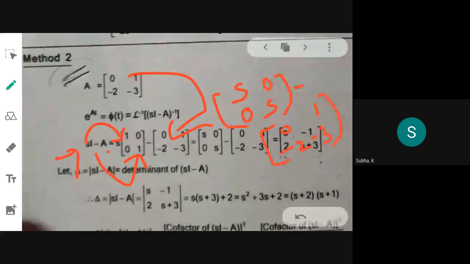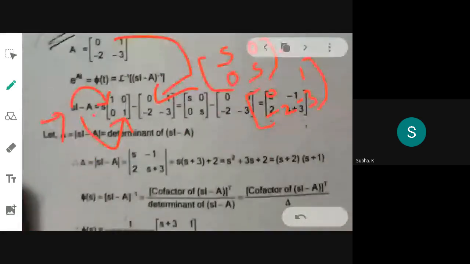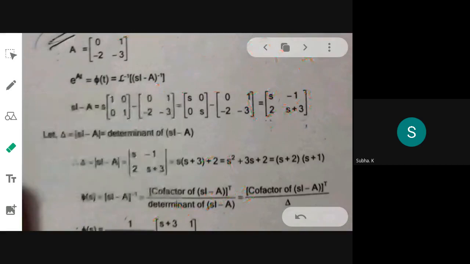You will get S, 0 minus 1 means minus 1, then minus 2 you will get plus 2, and S minus minus 3 you will get S plus 3. So this is SI minus A. Then you have to take the inverse of it, and finally the Laplace inverse.